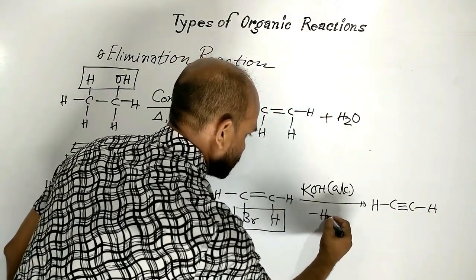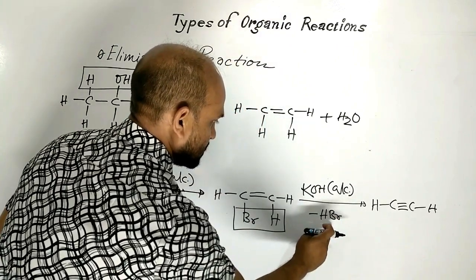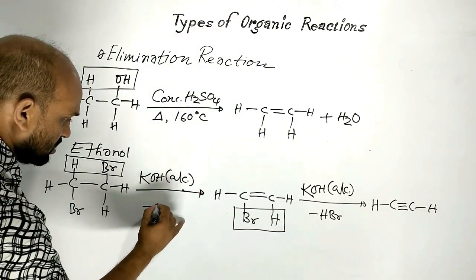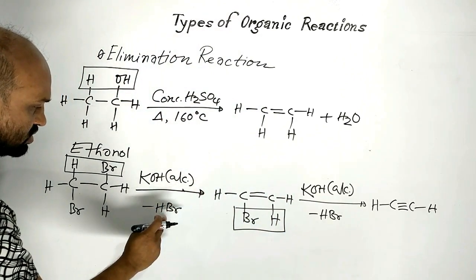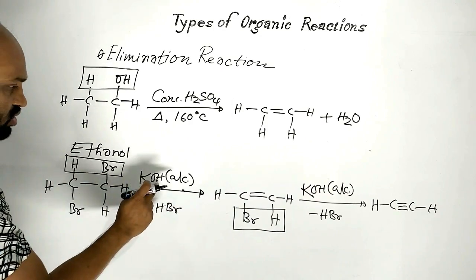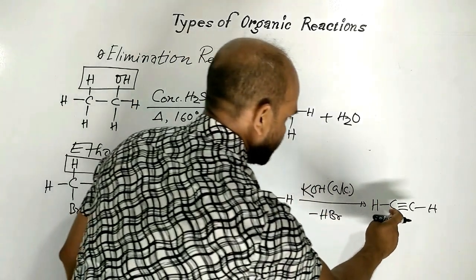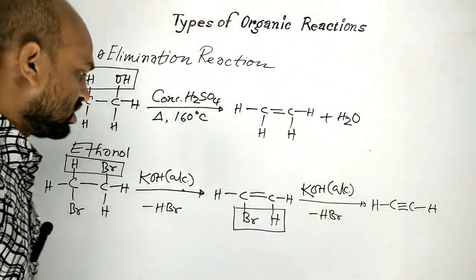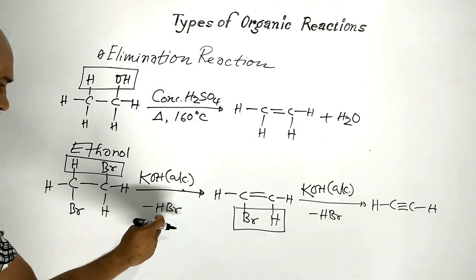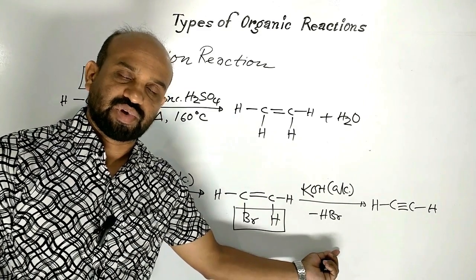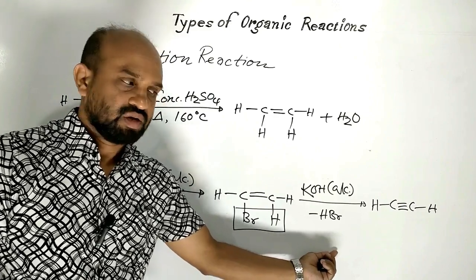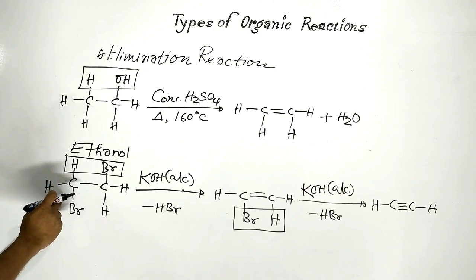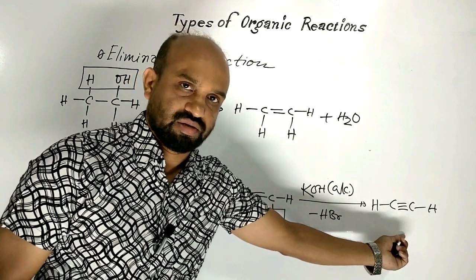Here the hydrogen bromide molecule is eliminated by alcoholic potassium hydroxide. Here as well, a hydrogen bromide molecule is abstracted by alcoholic potassium hydroxide. Ultimately, ethine is formed. After elimination of hydrogen bromide in the first step, and in the second step another hydrogen bromide, we are getting from 1,2-dibromoethane to ethine.